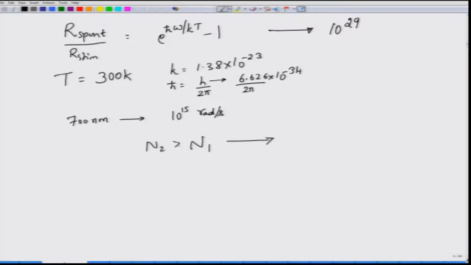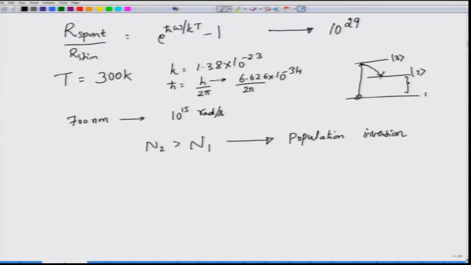This phenomenon where N2 is larger than N1, if you recall, is known as population inversion. Strictly speaking, population inversion does not happen in 2-level lasers. You actually need a 3-level laser. First, atoms have to be somehow brought into the 3rd level, from the 3rd level they go to the 2nd level, and population inversion is created between level 1 and level 2.